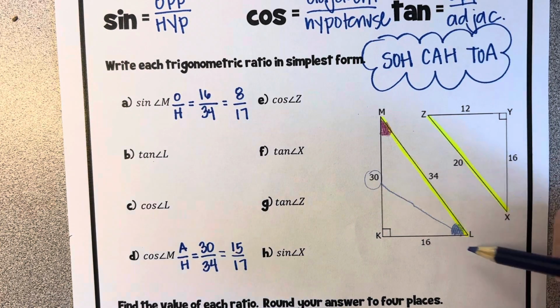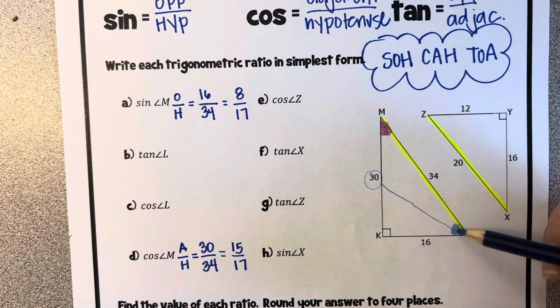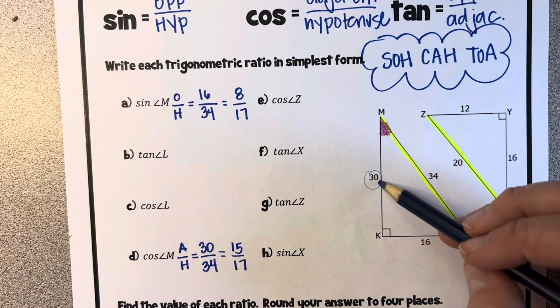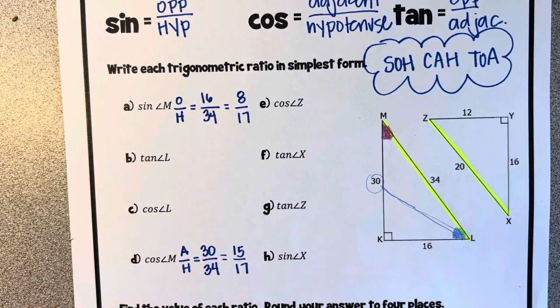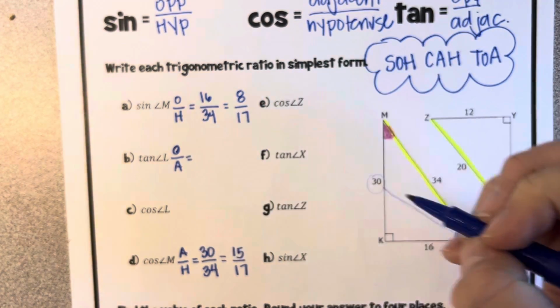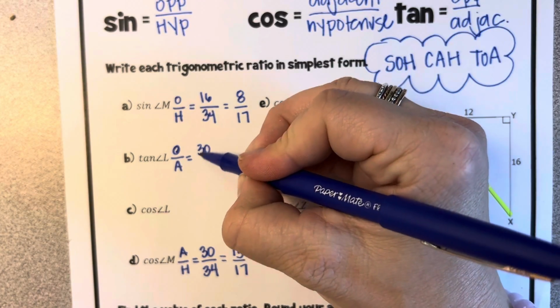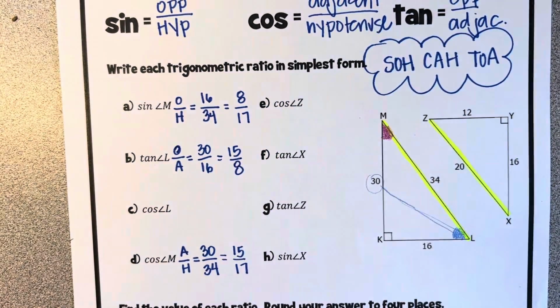That's 30 over the side adjacent, which is 16, right? So according to L, this one is opposite. This is the hypotenuse. This is the side adjacent, or next to. So we're going to write it opposite over adjacent. So 30 over 16, which reduces to 15 over 8.